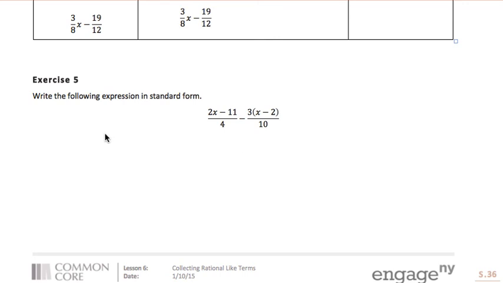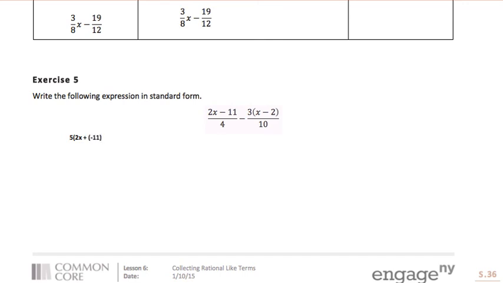And finally, we're going to do exercise 5, a little practice with the same concept. If I have 2x minus 11 over 4, I'm going to get common denominators first. The least common denominator for 4 and 10 would be 20. So in my first term, I'll have 5 times 2x plus negative 11.